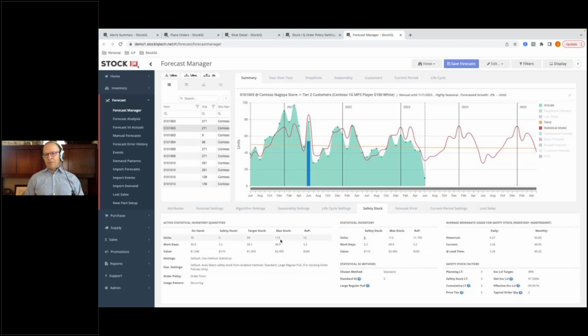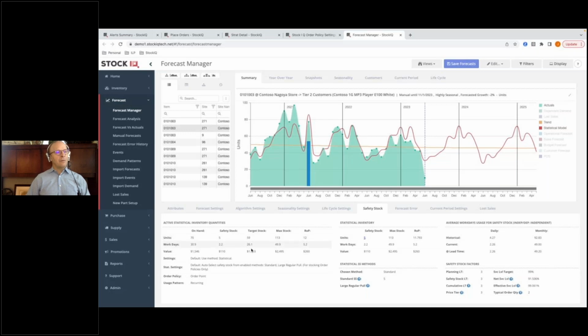So the ideal inventory position for this item, for this SKU, is between 5 units and 113. If you think about it in working days of supply, between 2 days and 50 days. Anything in between there, we're okay with. By the way, our target stock is essentially halfway in between those ranges.